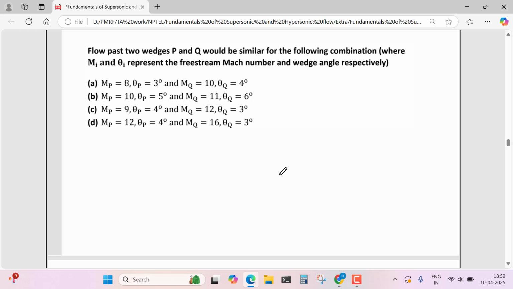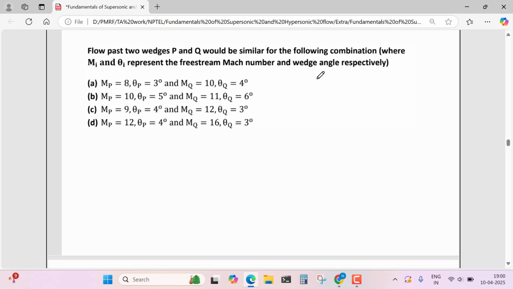Flow past two wedges P and Q would be similar for the following combination, where M_i and theta_i represent the free stream Mach number and wave angle respectively. Option A, M_p equal to 8, theta_p equal to 3 degree, and M_q equal to 10, theta_q equal to 4 degree.